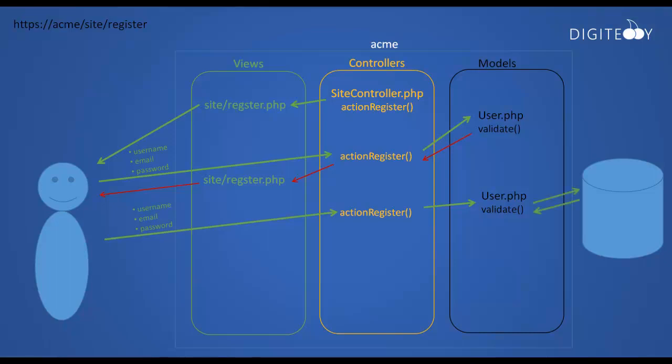If the data was correct, the model can save the record in our database and returns true to our action register. As you remember, if we could save the record in our database, from the action register we redirect to the home page, which is a site controller and action index in it, which shows the success message on our home page for the user.